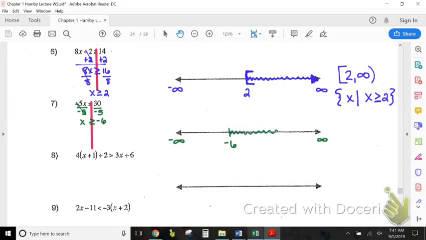Positive. And will I use a parenthesis or a bracket? Bracket, because it's equal to. So I can see my interval notation. It's negative 6 to infinity. So negative 6 had a bracket. The infinity has a parenthesis.